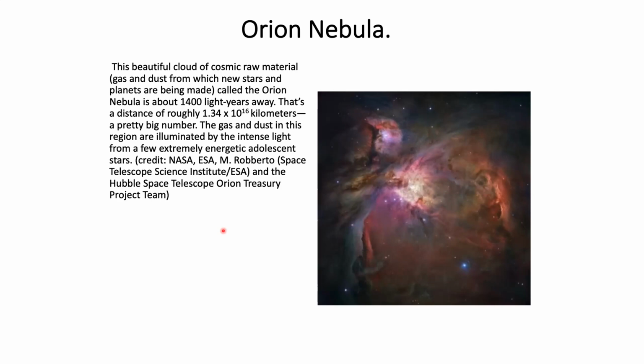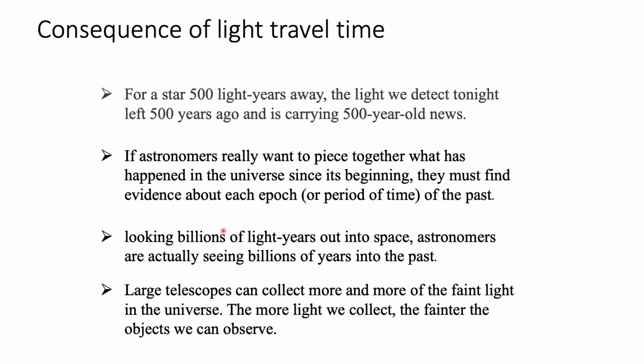But to observe the Orion Nebula with the naked eye, it has to be really dark, right? Otherwise, you cannot see it. The sky has to be very clear as well.